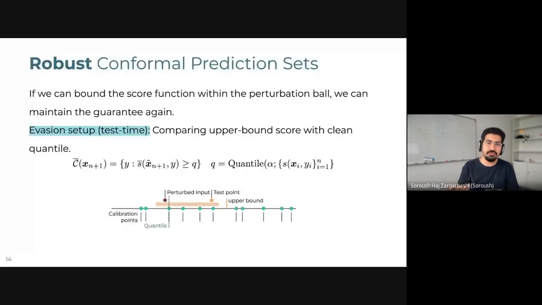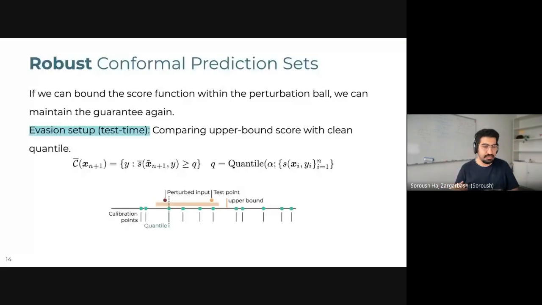Another approach is to run the evasion robustness at calibration time. I have n calibration points, and I want to compute this acceptance threshold. Instead of computing the alpha quantile on the scores, I take the alpha quantile on the lower bound scores for each of these inputs in the calibration points, for the true label.